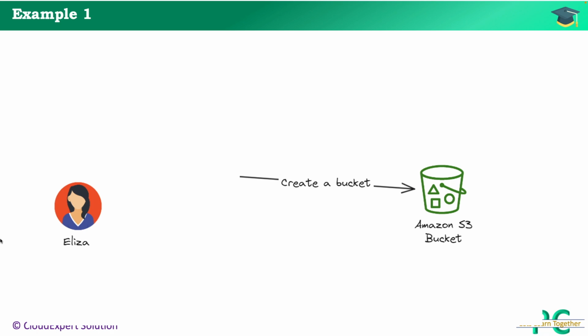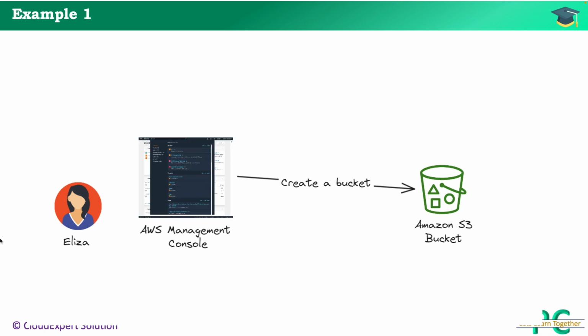Let's assume Eliza is someone like us, a user, and she wants to create an S3 bucket. Now S3 bucket is an AWS service and Eliza, a user, is trying to create it. Now how can Eliza create that S3 bucket? Option 1, she can log into the AWS Management Console, and from the console she can create that bucket.